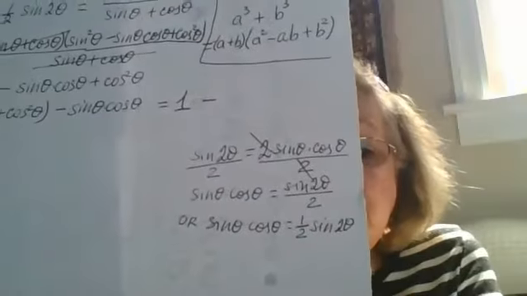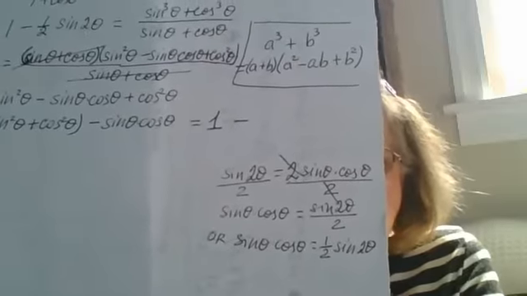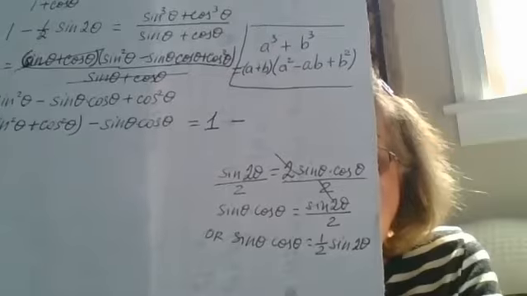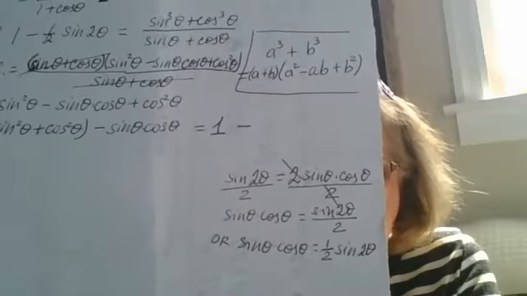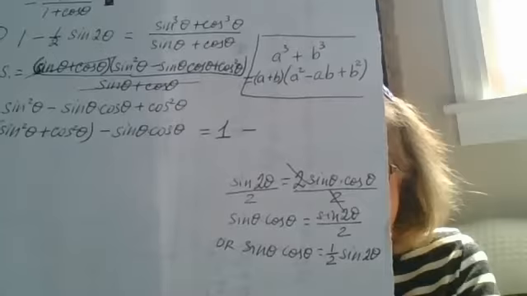So now I have here an expression which can be used to replace sine theta times cosine theta. Can I replace that by 1/2 of sine of 2 theta? Yes. So let's do that. I'm going back to the problem.